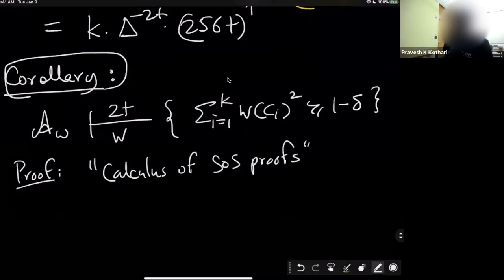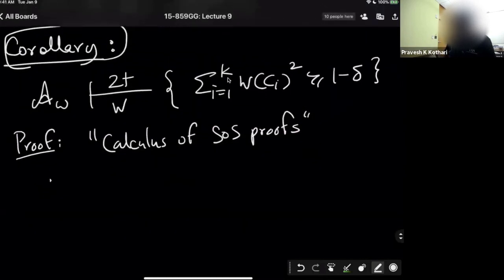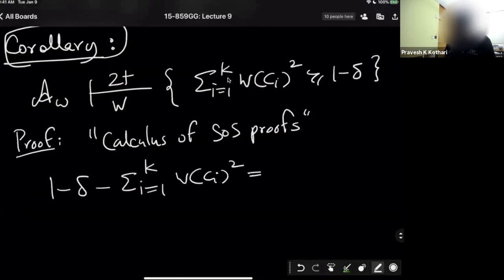But I think it's a very useful exercise for you to go back and just try to unfold this whole calculus, the repeated proofs, and see what the SOS inequality you proved turns out to be. So actually, what we are really proving is that if you look at this polynomial 1 minus delta minus the sum over i equals 1 through k of (W_{C_i})^2, then this is actually a sum of squares in W. That's what we are proving.